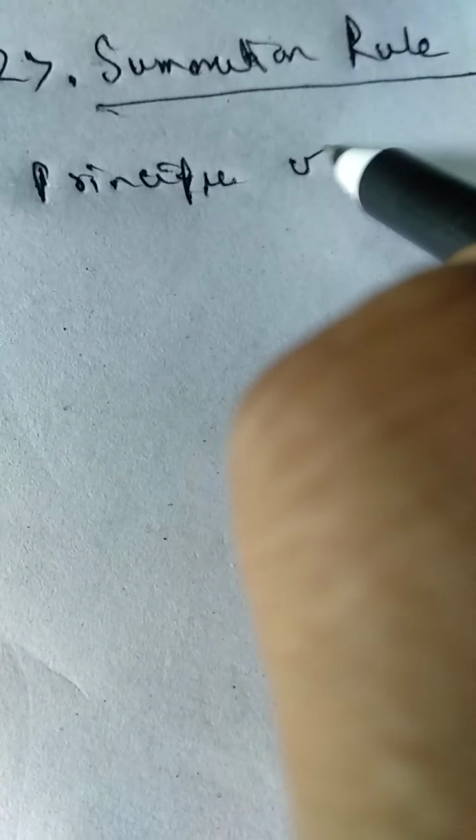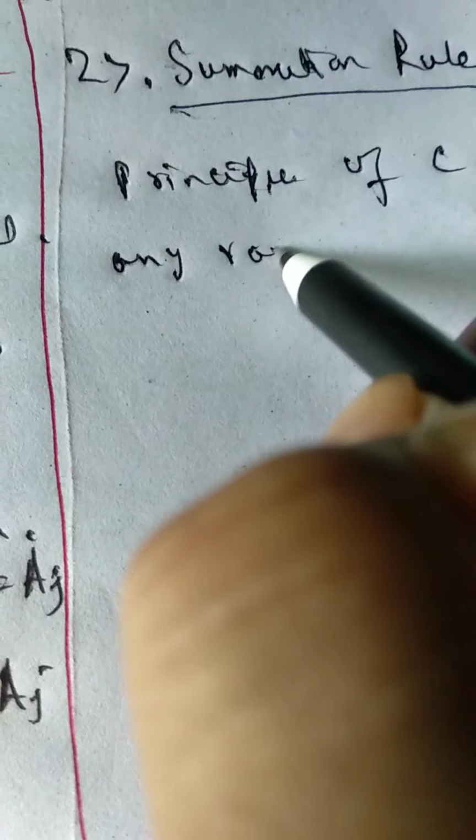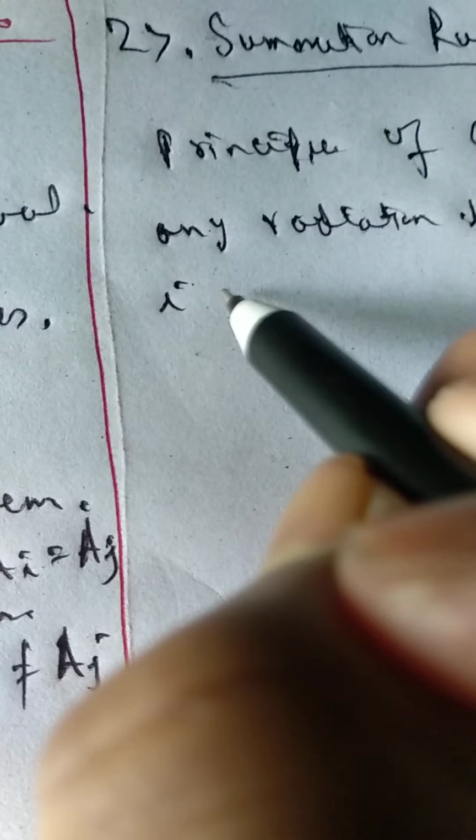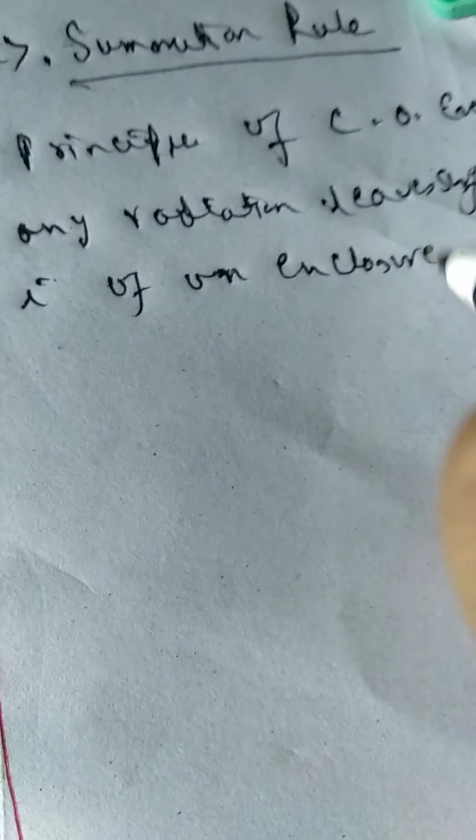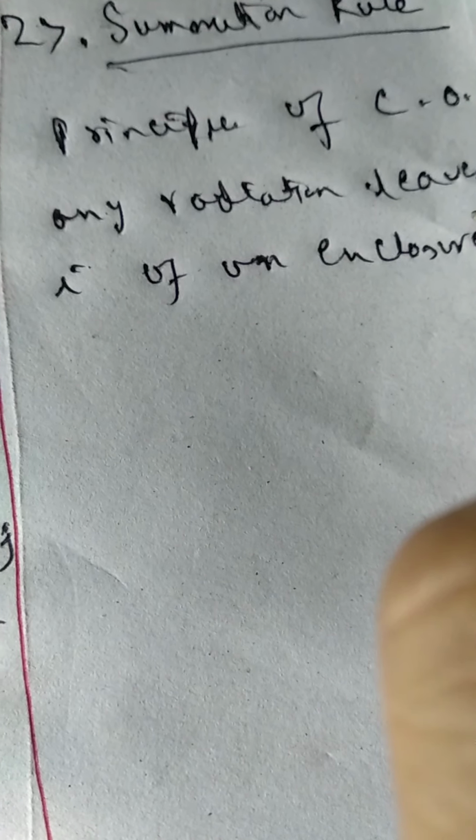This principle of conservation of energy requires that the entire radiation that leaves any surface, suppose there are two surfaces i and j, any radiation which leaves surface i of an enclosure must be intercepted by the other surfaces of the enclosure.